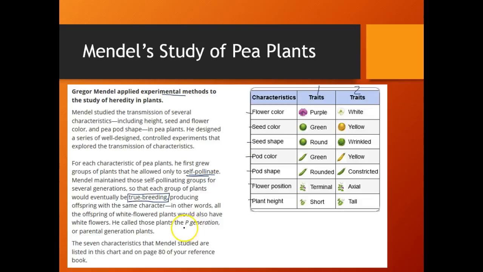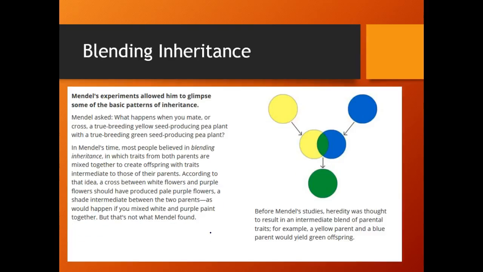And that starting generation is what he called the P generation, or the parental generation. It's our starting point. Okay, and so he ensured that it was true bred or a purebred plant by making sure that they're constantly self-pollinating and producing consistently the same characteristics.